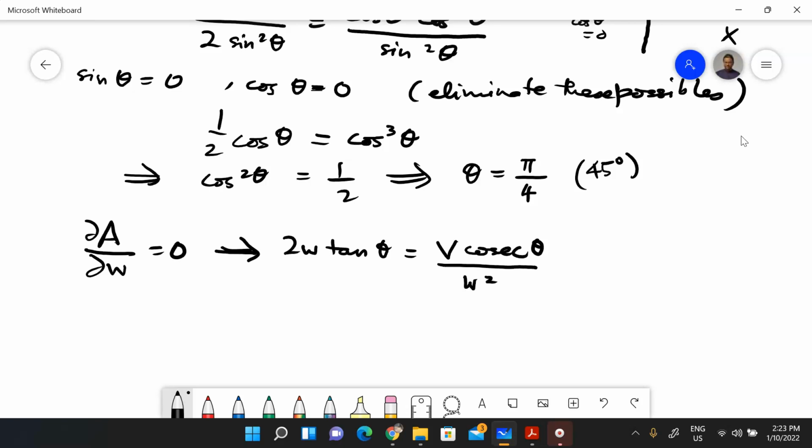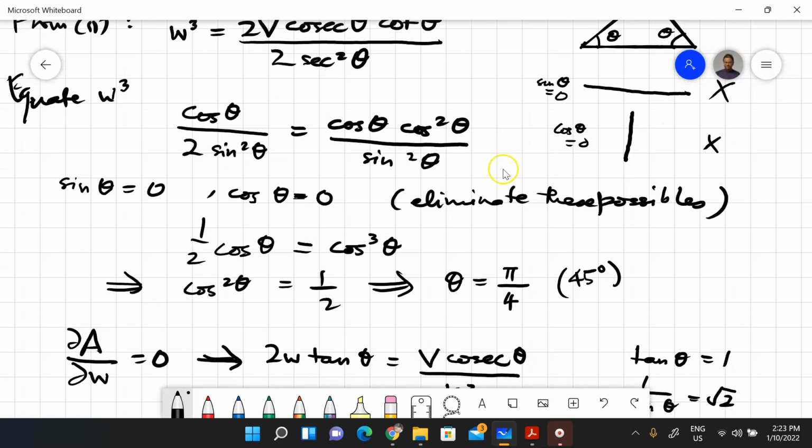But theta, we already know what the value is. So tangent theta will give you 1. Cosecant theta is 1 over sine theta, and sine theta is 1 on root 2, so that gives me root 2. So we have 2W equals, and we substitute V. What's V previously? Let me go back.